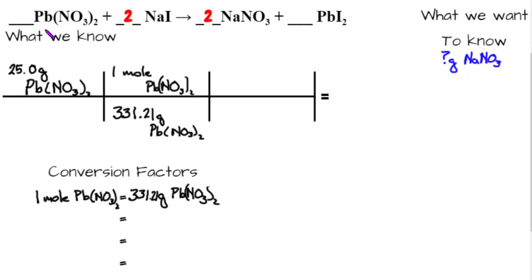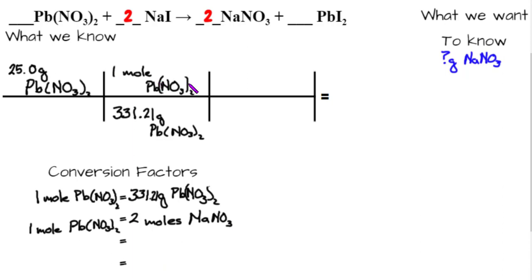Now I can look here in order to build a mole ratio. For every 1 mole of PbNO3, I get 2 moles of NaNO3.